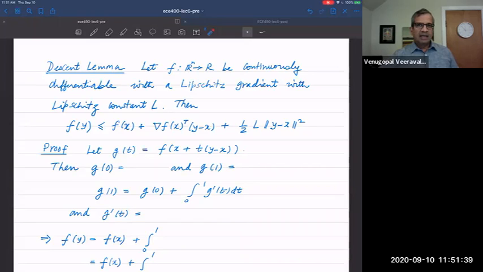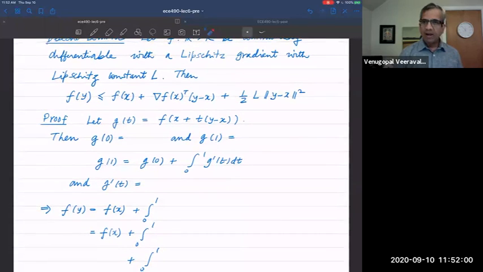The next thing is, if you want to talk about the rate of convergence, you might need a lower bound on the function that's quadratic, and we'll talk about that later, maybe in the next class. So this is the descent lemma.